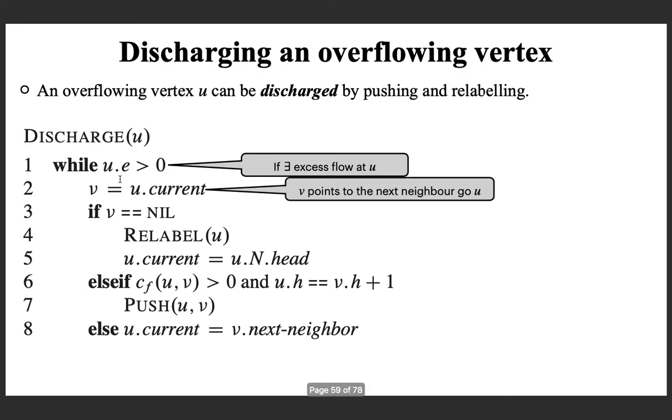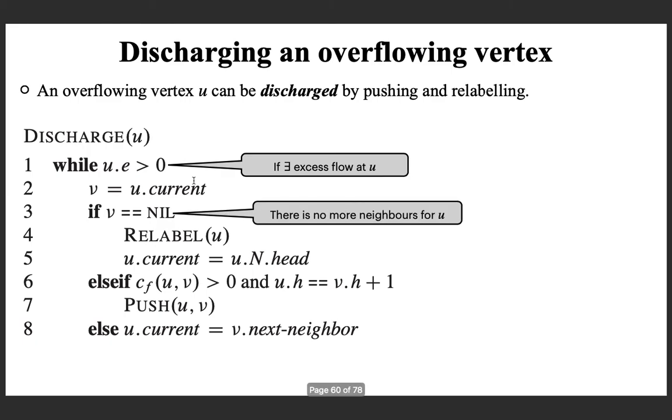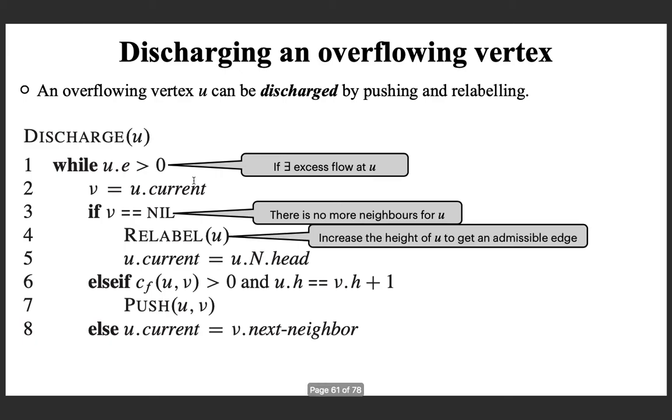And what is it doing? It takes the next neighbor from that list and checks whether the next neighbor is nil or not. Nil means no neighbor is there. That means no admissible edge, and hence from the previous lemma 2, a relabel must be enabled, and you perform that relabel.